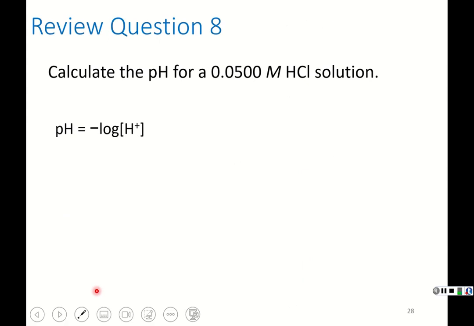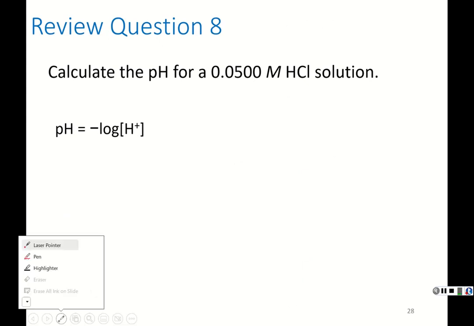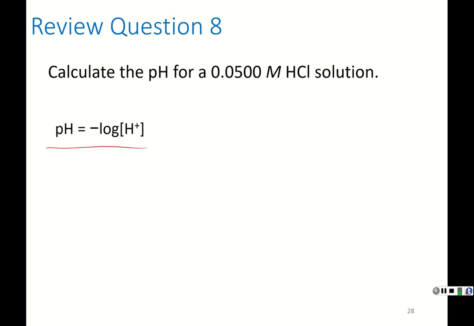Let's try a question using this calculation. Calculate the pH for a 0.05 molar HCl solution. Remember, this is the equation we're using. All we're doing in these is just plugging and chugging. The H3O plus or H plus concentration in this case is just going to be whatever the concentration of our strong acid is, because it's fully dissociated.